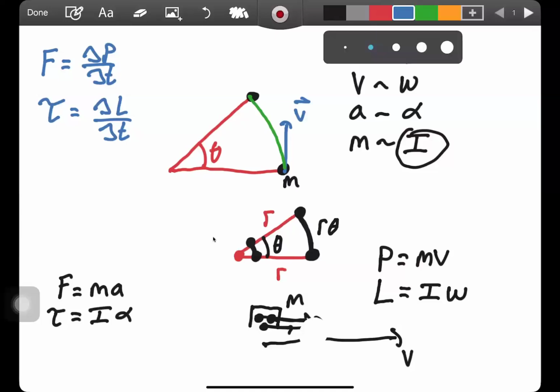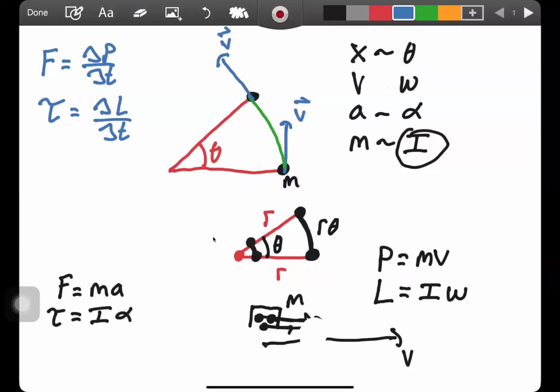So if you're moving in circular motion, when you look at a given moment in time, the velocity that you're traveling in is going to be perpendicular to the lever arm. In other words, it's going to be tangent to the circle.